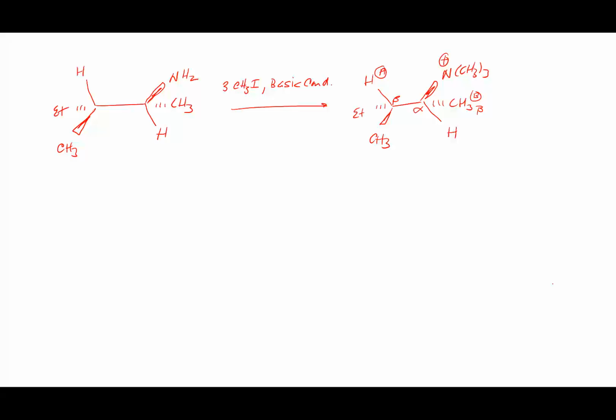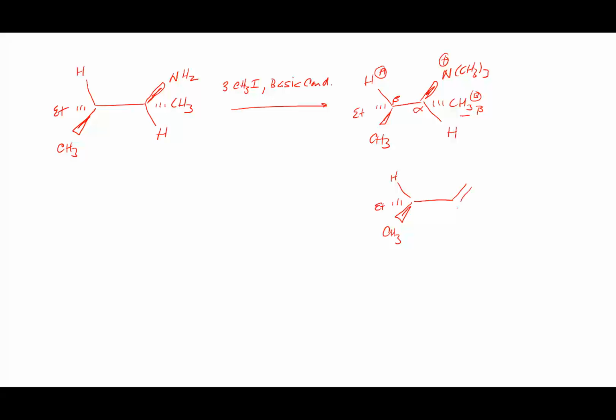So we would write the product then of losing beta hydrogen B. Nothing happens on the left side. Everything stays the same. Except now I'm going to lose the beta hydrogen B, and I'm going to lose the ammonium.